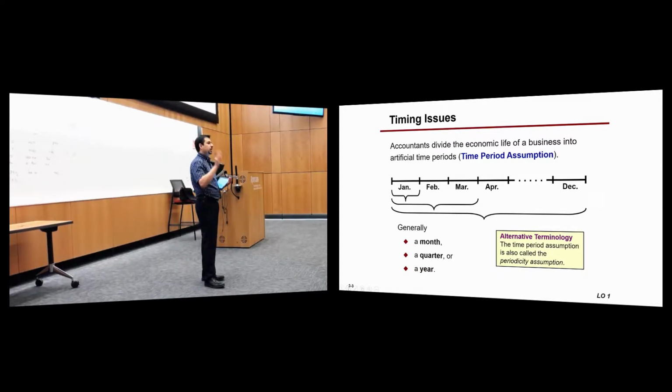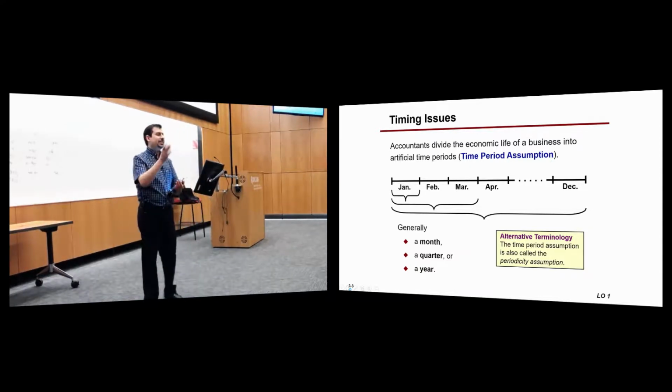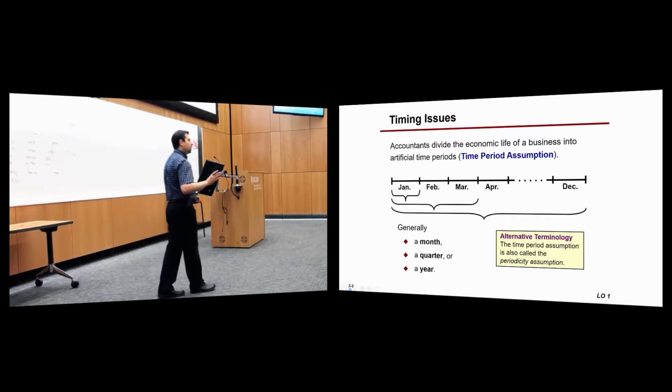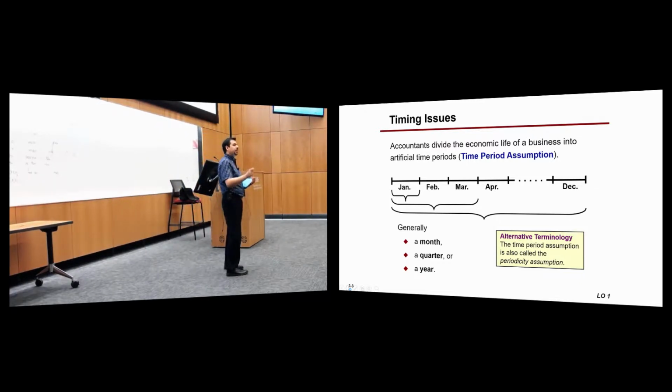However, generally speaking, the company is expected to live for years and years. So they break it down into artificial time periods: a month, a quarter, a year.